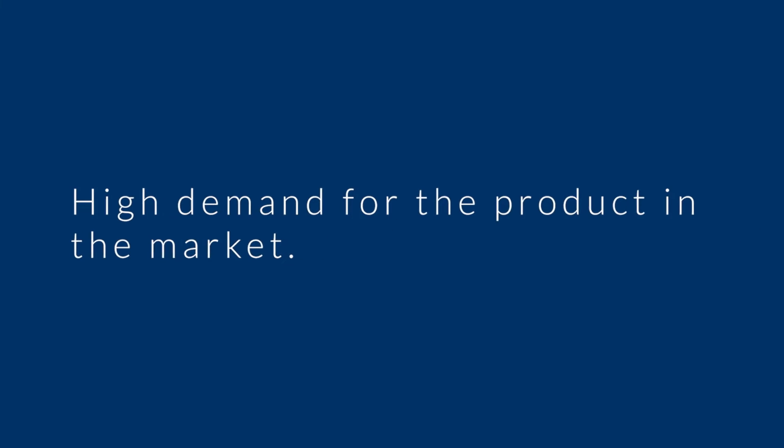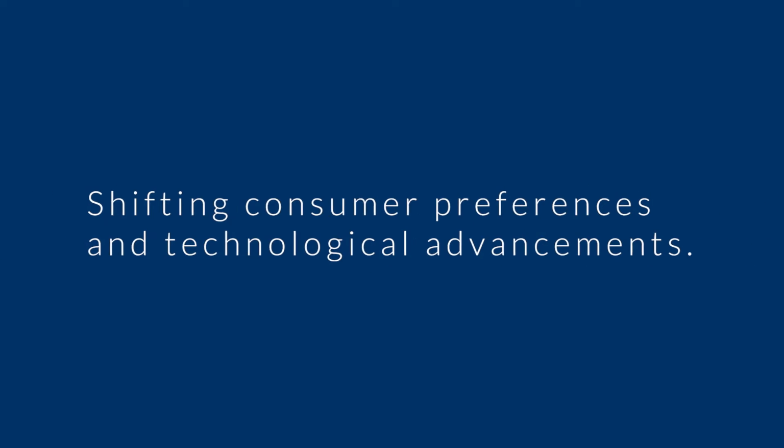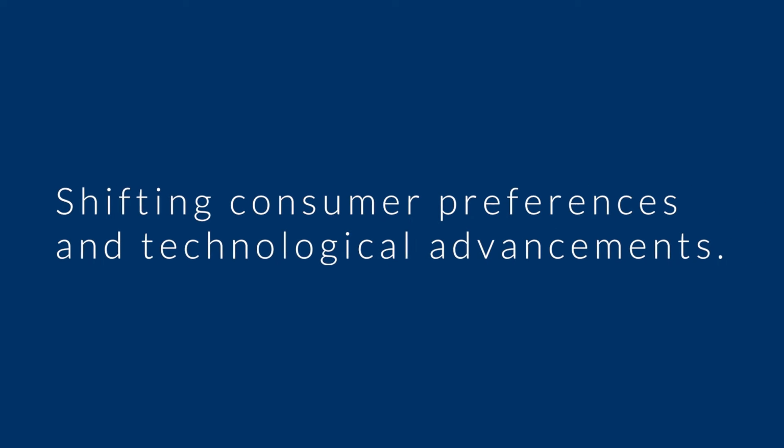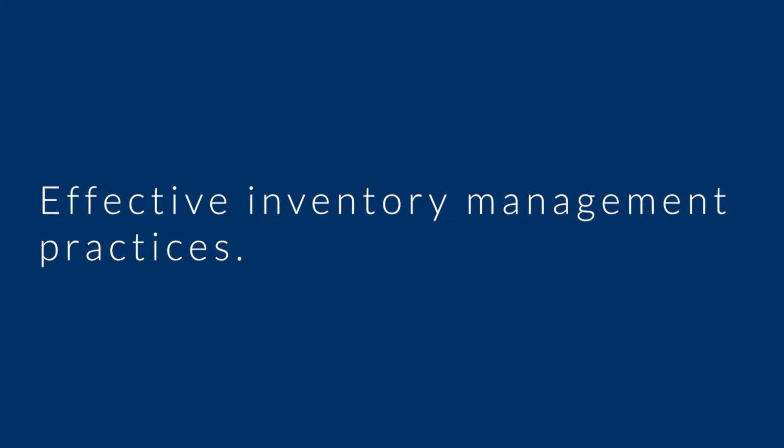Which factors contribute to obsolescent stock? Well, some of those factors will include things like continuous improvement in the manufacturing process, shifting consumer preference, technological advancement, and ineffective inventory management. All of these are things that you need to be in a position to explain.